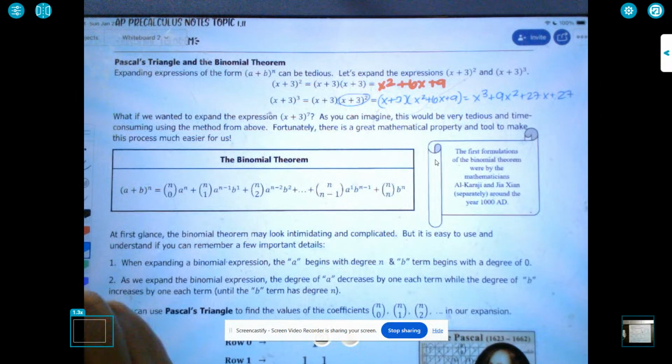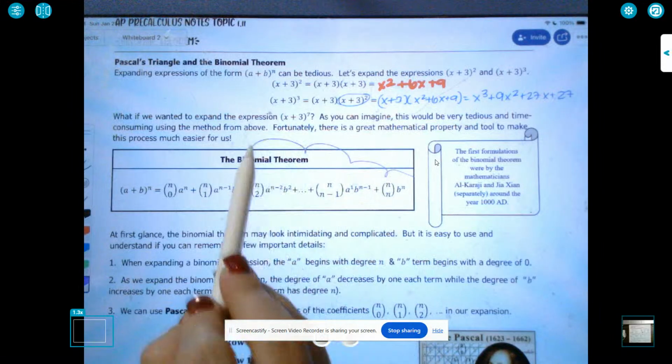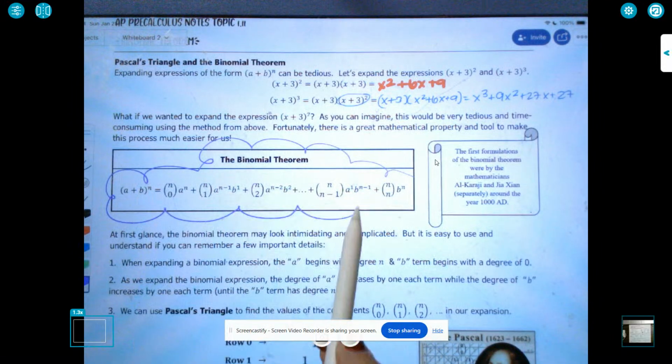Now, this whole thing right here is just explaining what Pascal's triangle is, or why it works the way it works. So the binomial theorem does look intimidating and complicated, but it's actually easy to use, and you can create it yourself. So I'm going to show you just the basic and then how we get to each row from there.